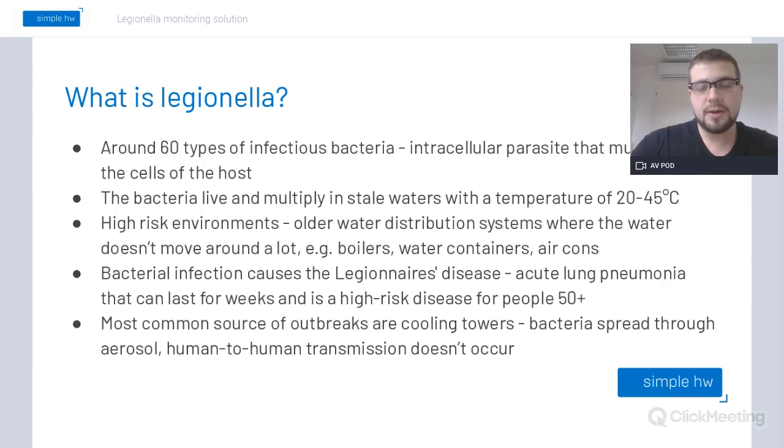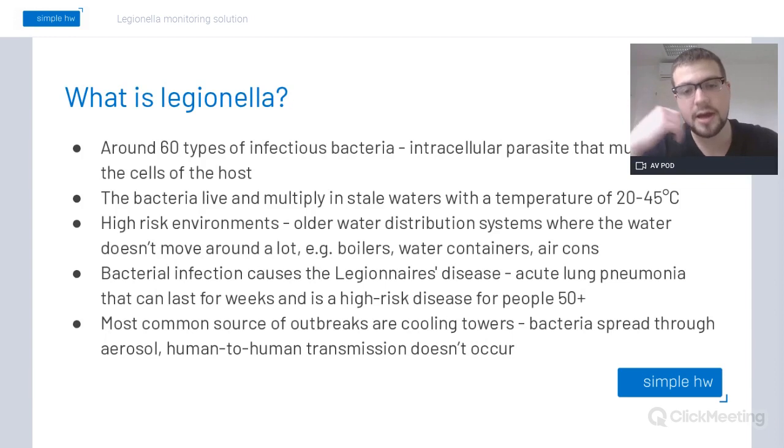It causes the so-called Legionnaires' disease, and one of the major symptoms of this disease is acute lung pneumonia. It's a deadly disease, but the risk group is only older people, 50 plus, or people who have other underlying diseases. The disease itself does not spread with a human-to-human transition, so it is not a COVID-like plague.